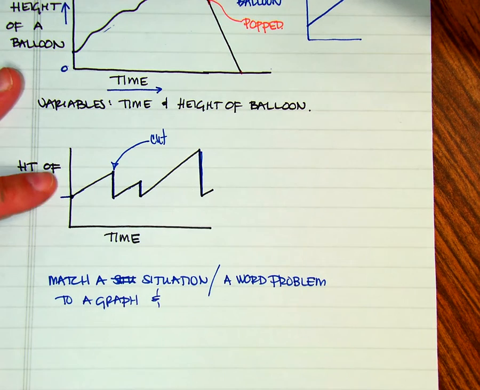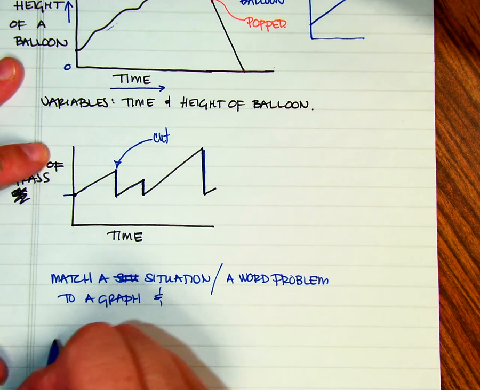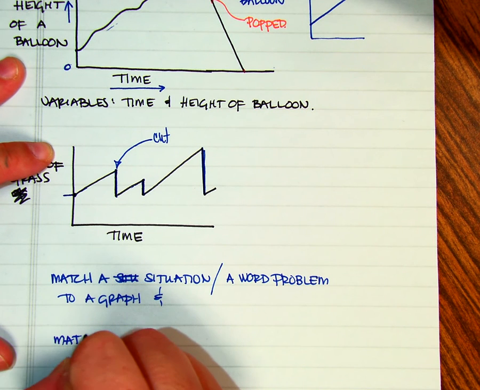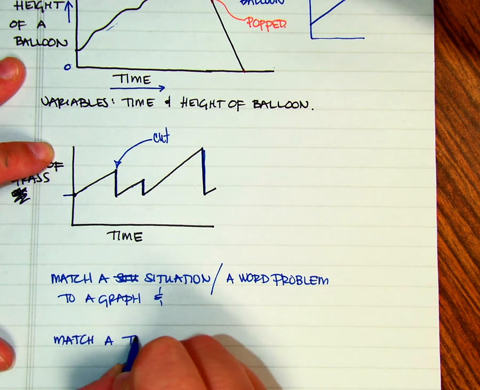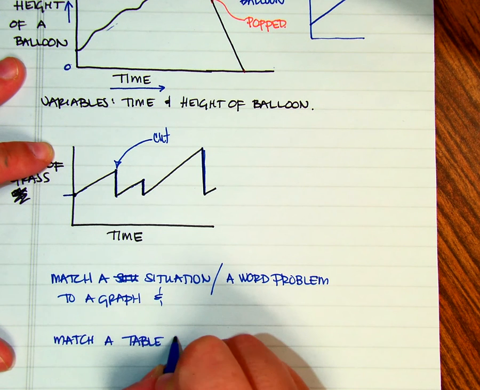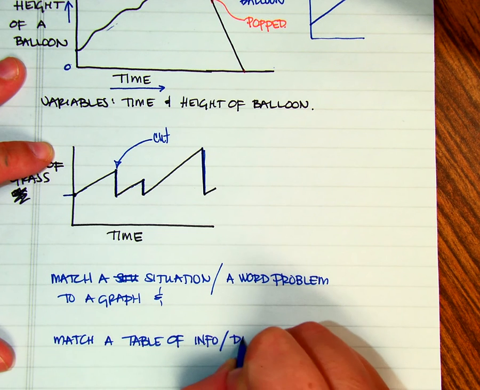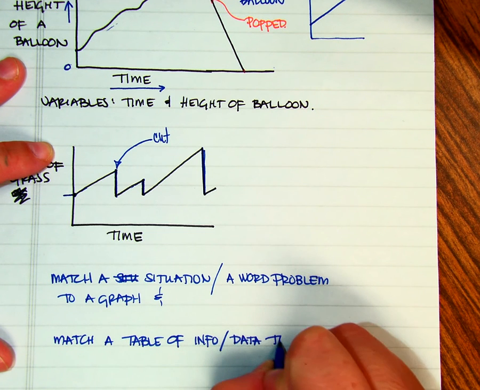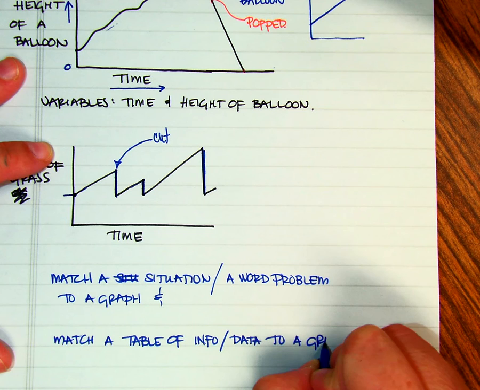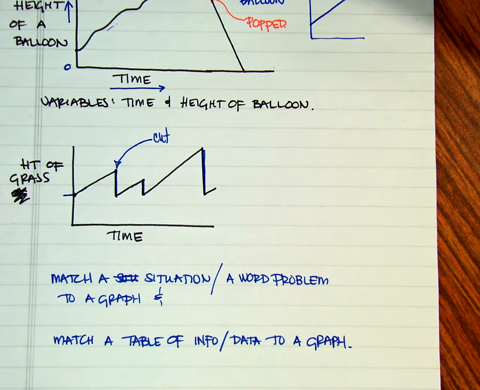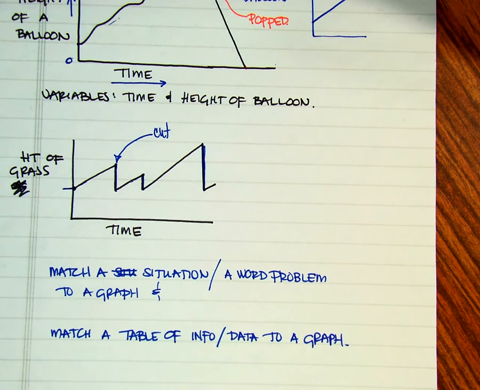And there's probably going to be some situations where you are matching a table of information, I can probably call it data, to a graph as well. So that's going to be our goals for this section.